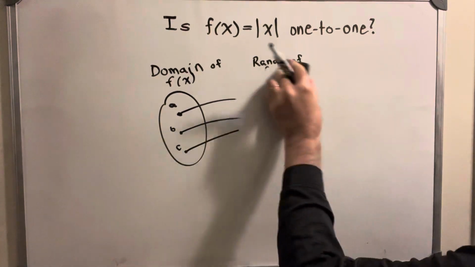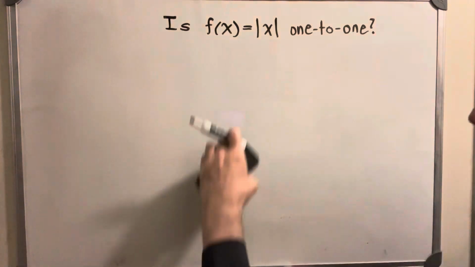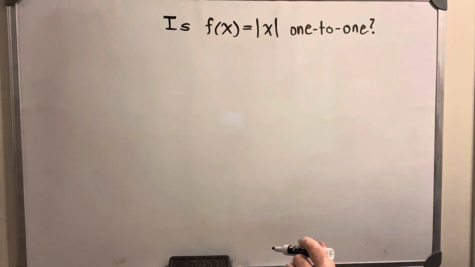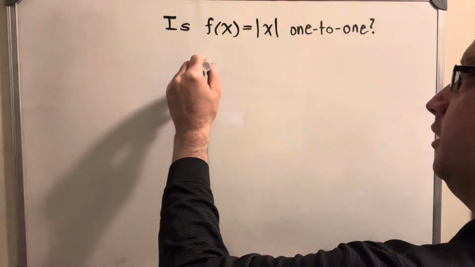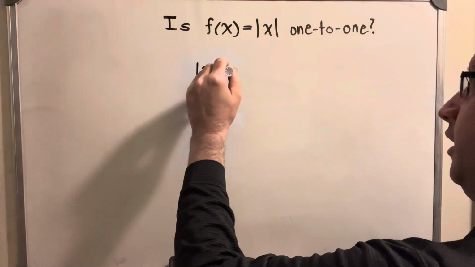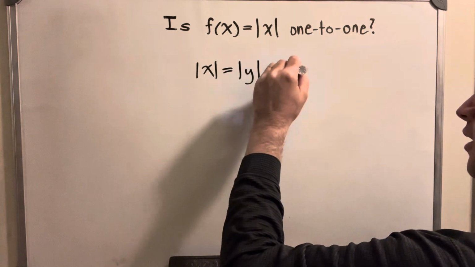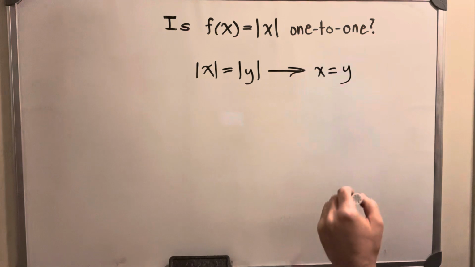So if we think that this function probably is 1 to 1, we might go off trying to find a way to prove that if the absolute value of x equals the absolute value of y, then x equals y.